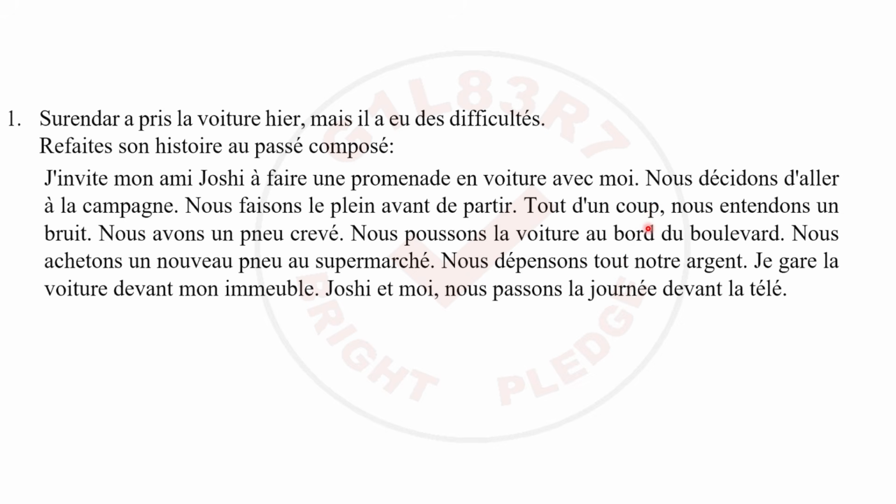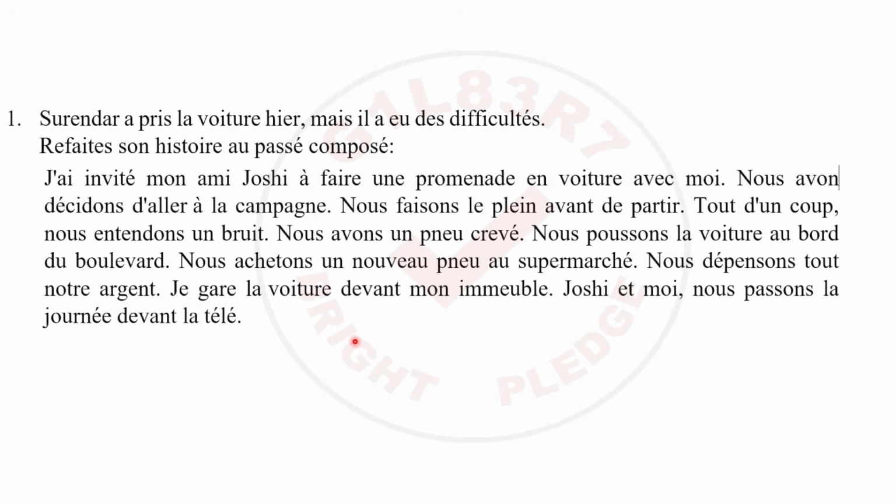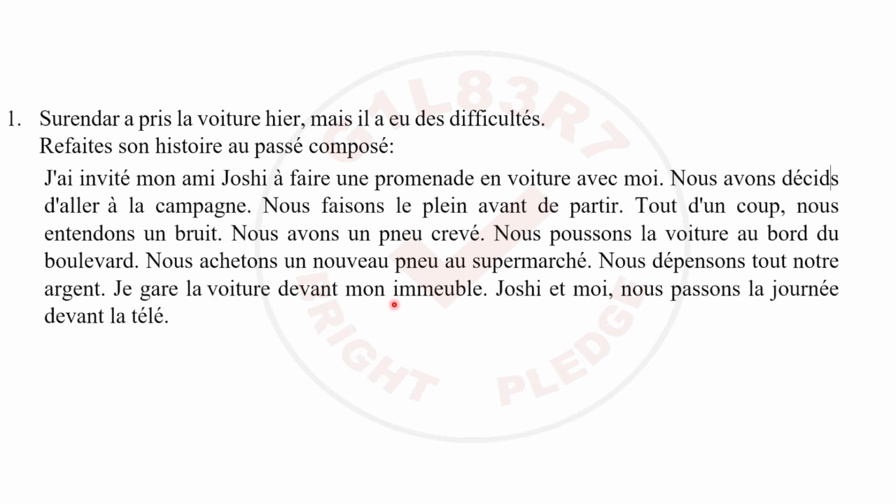Alright. So now let's look at how we convert this to the passé composé. You already know that to do the passé composé, you need the subject followed by the auxiliary verb and followed by the past participle.